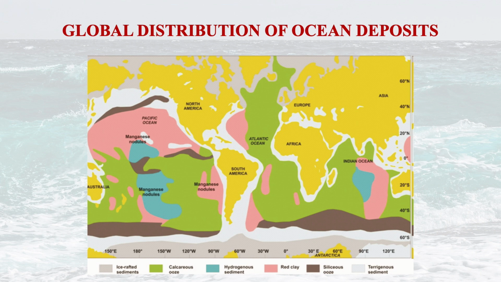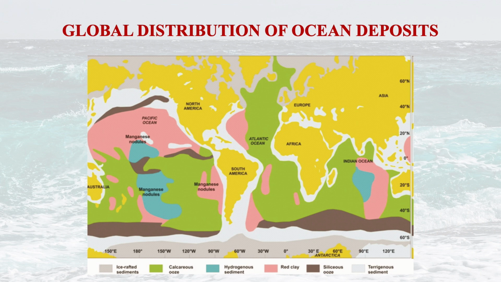You can see the terrigenous deposits are occupying the areas closer to the coast or the shallow water area, shown in white color. Calcareous oozes are also found in a major portion of the oceans, shown in this map in the green color. And you can see some manganese nodules over here, and some hydrogenous sediments also.